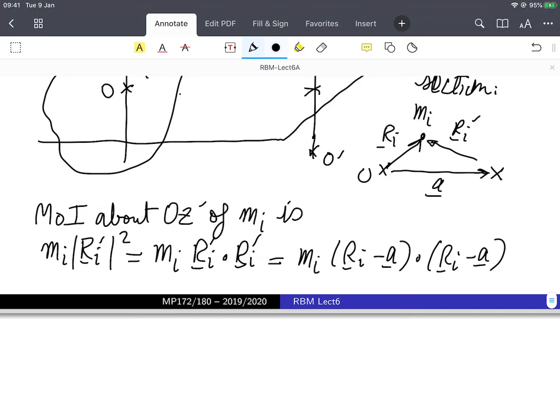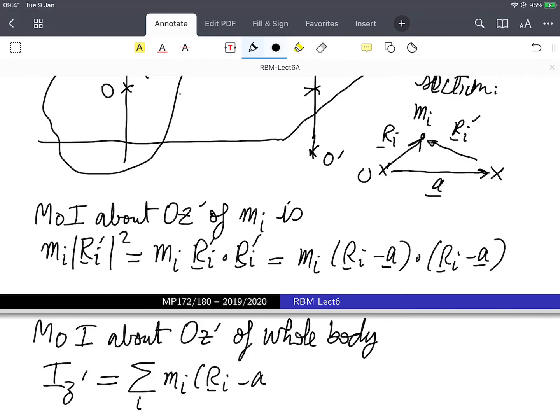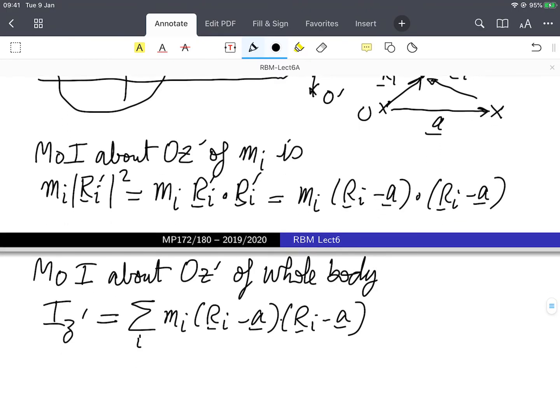Yeah. So now if I do the moment of inertia of the whole body, I'm going to have to sum. I'm going to write Iz prime is the sum over i of Mi times (Z dot Ri minus A) squared. Okay, I have a dot product, I can expand. What's the first term?